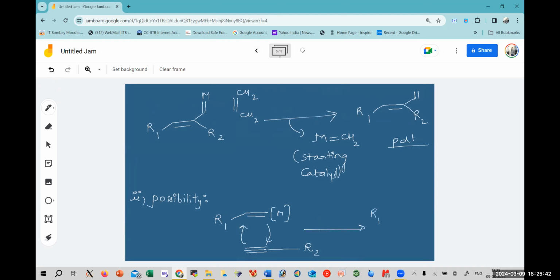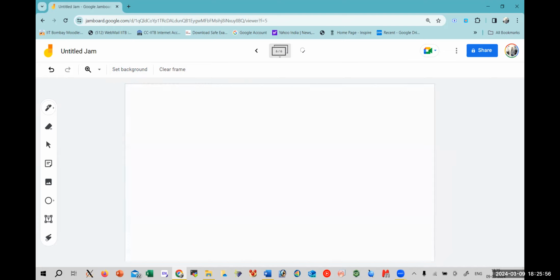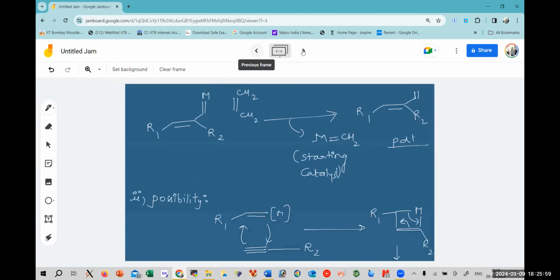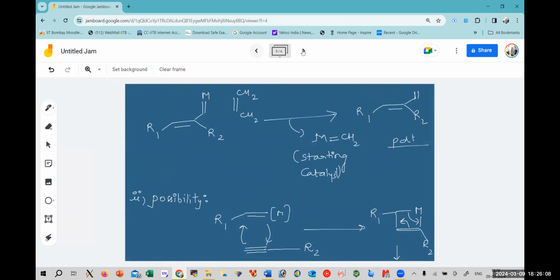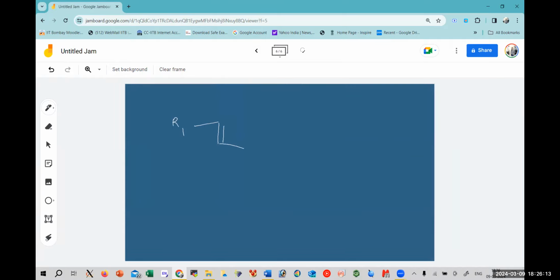So now try to make the bonds. Here it would be a double bond and here it is R2. Now they are distant from each other. So this will make a bond and here it will rearrange. So it was R2.